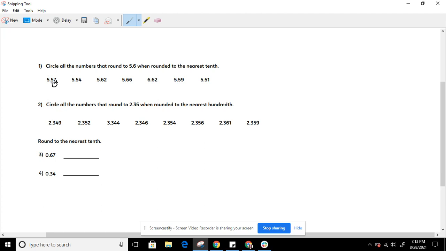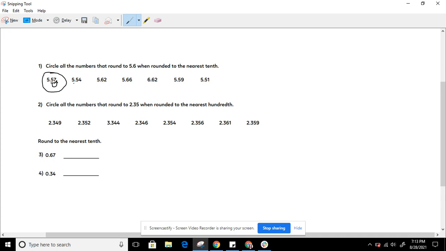So the 5 in the tenths spot would round up to 6. So yes, 5 and 57 hundredths, when rounded to the nearest tenth, would round to 5 and 6/10. So we would circle that number.